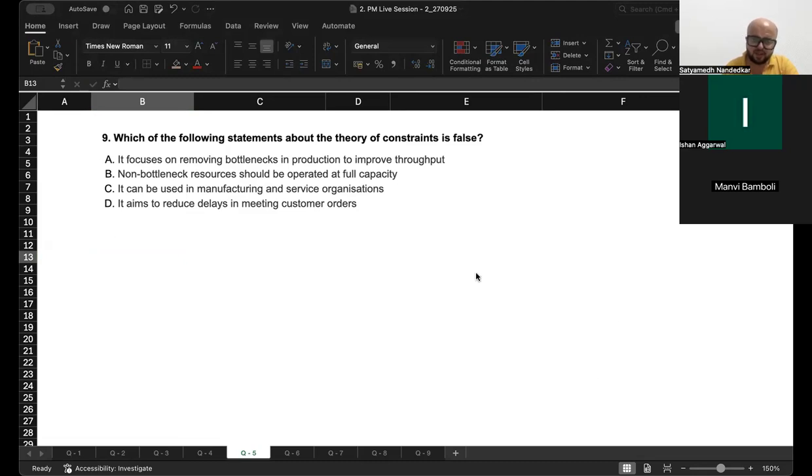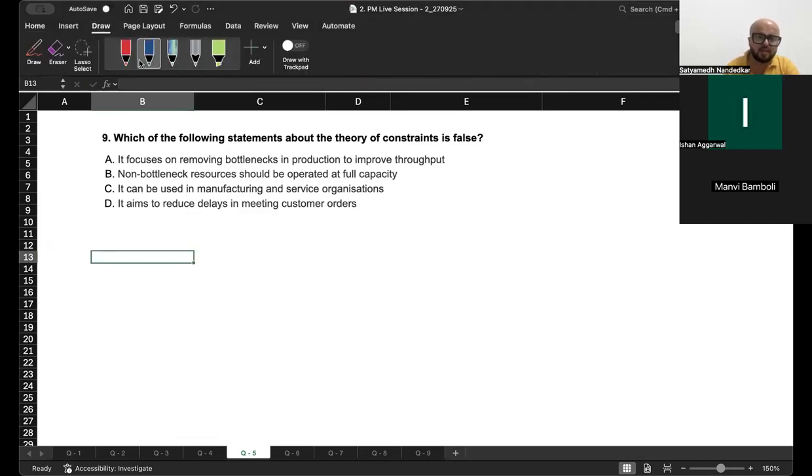So theory of constraints, see, it focuses on removing bottlenecks in production to improve throughput. This statement is fair. This is the correct one. It can be used in manufacturing and service organizations. Yes, this is also true. Then it aims to reduce delays in meeting customer orders.